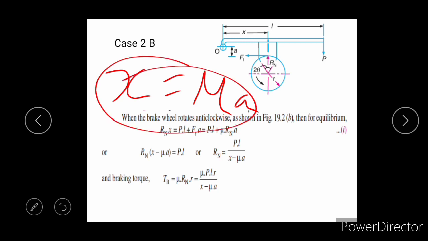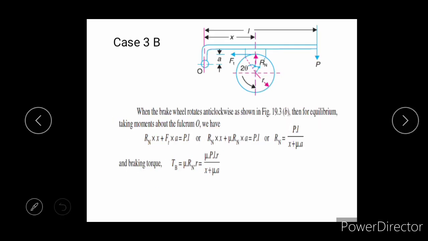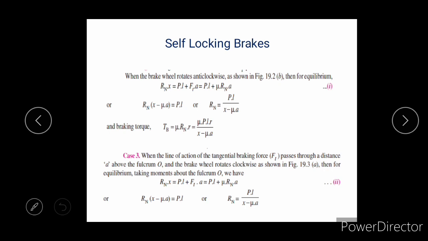If you make the x less than mu into a, then also you will see that P is negative. If x is less than mu into a, this value will be negative. It means the P will be negative. It means you don't need to apply any effort to apply the brake. It means the type of brake will be self-locking. So such type of brakes are self-locking.